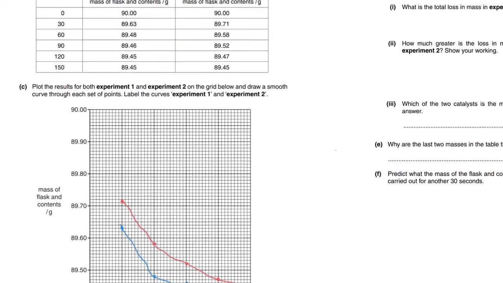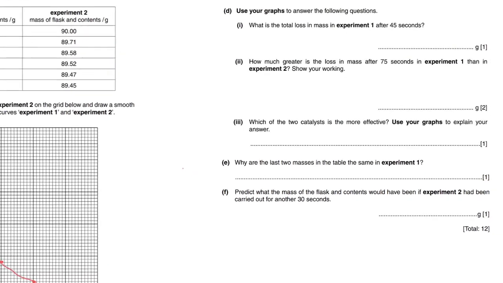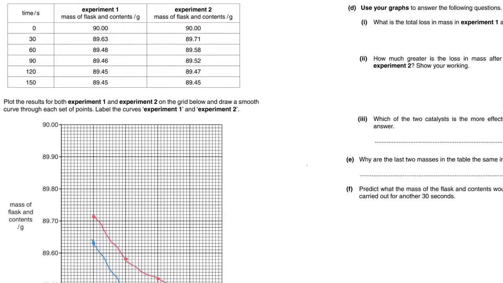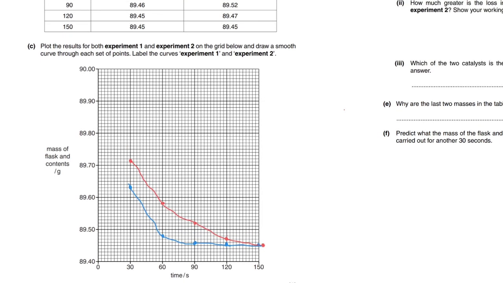Now, what are they looking for? Use your graphs to answer the following questions. What is the total loss in mass in experiment 1 after 45 seconds? So let's check. Experiment 1 is in blue. Right, after 45 seconds. 45 seconds would be right between 30 and 60. So 30 and 60 will be here, and you'll have to check.